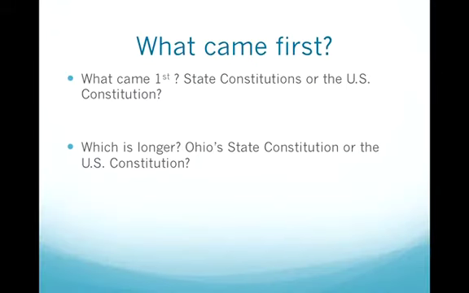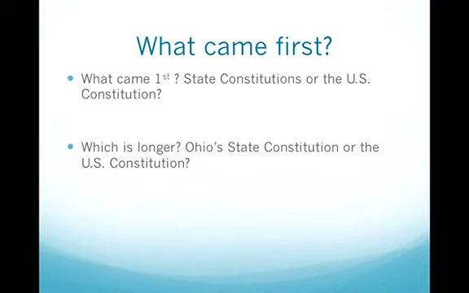So, here we go. What came first? State constitutions or the U.S. Constitution? Well, the answer to that is state constitutions. If you remember, the state constitutions were first started in the former colonies pretty much right after the Declaration.